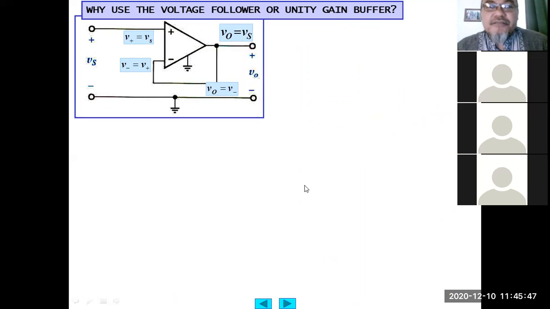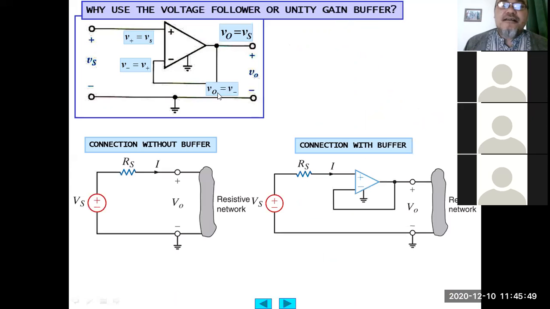So why use a voltage follower or unity gain buffer? I guess I have explained before. Without a buffer, there will be this series resistance RS in the wire, which will cause a voltage drop with the value of I times RS.